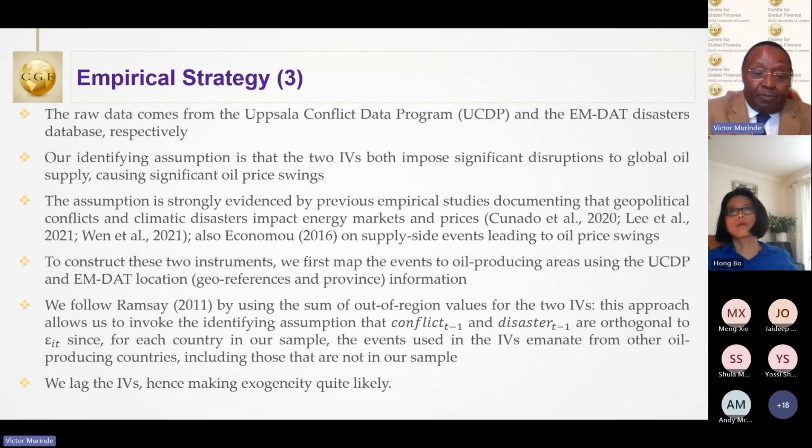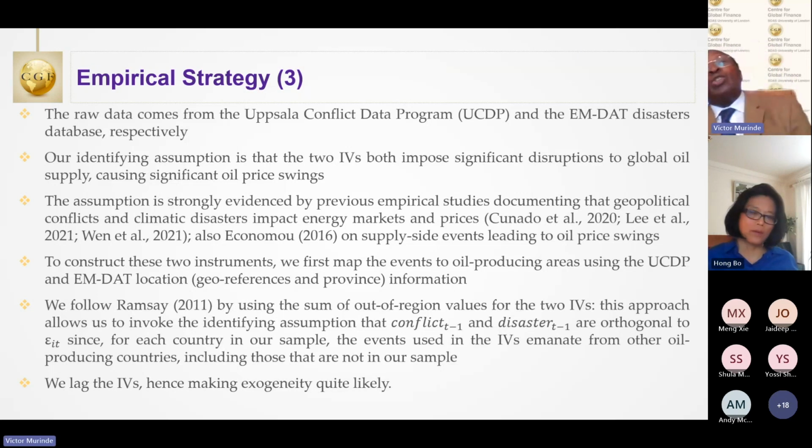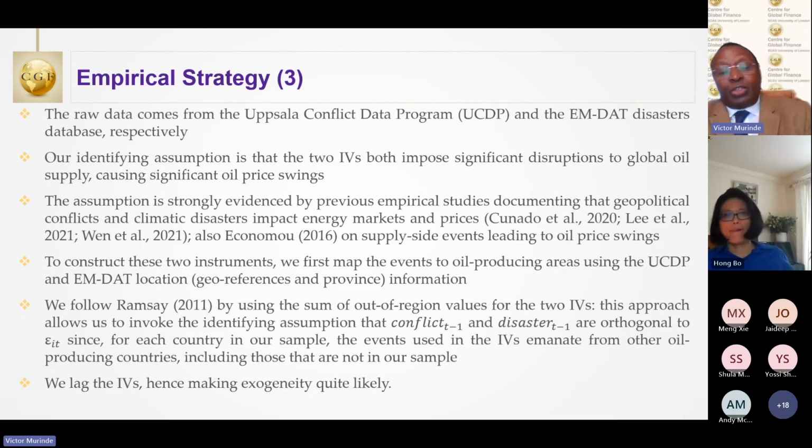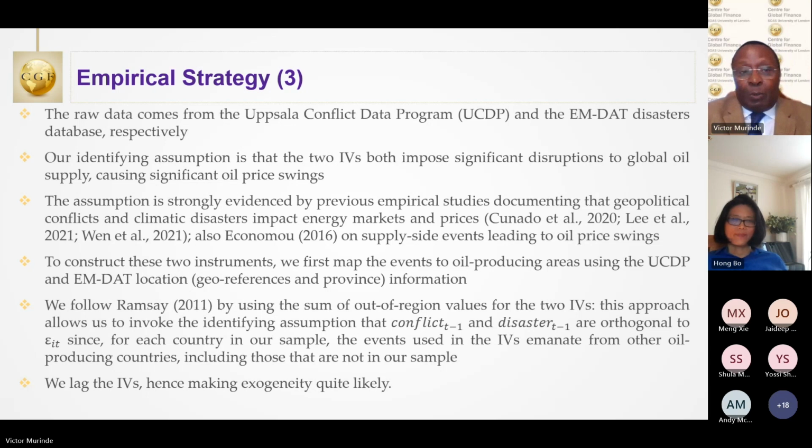But also, we try to work around these IV variables by exploring the lagged values of the variables, hence making exogeneity quite likely in our empirical investigations.